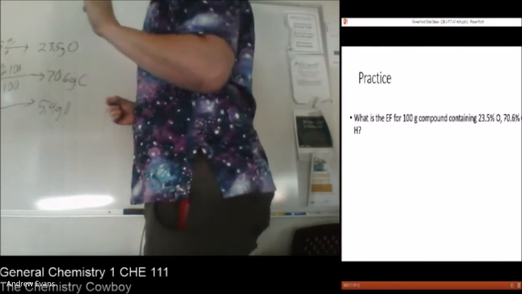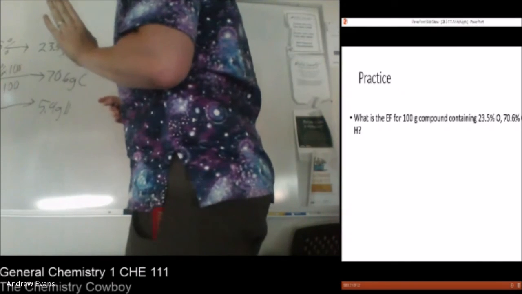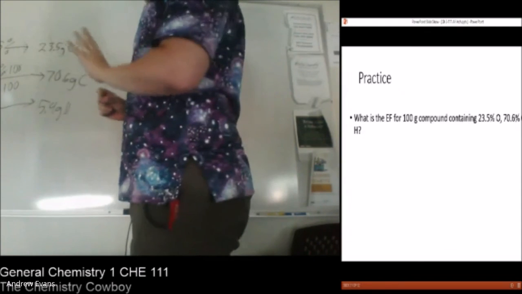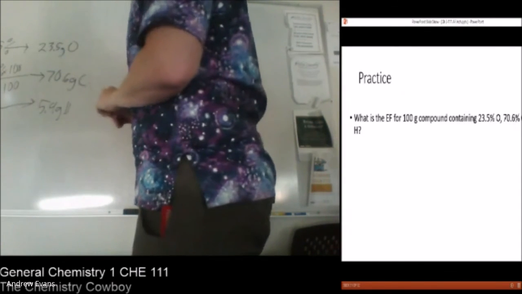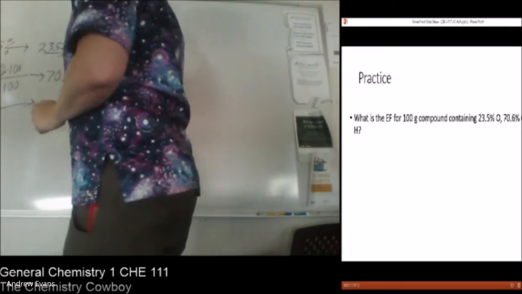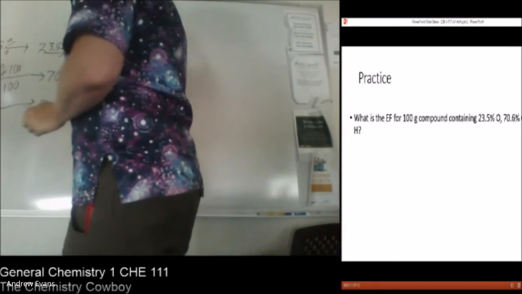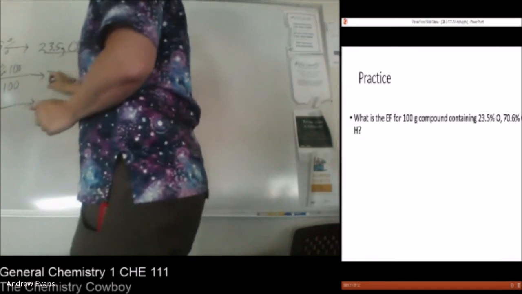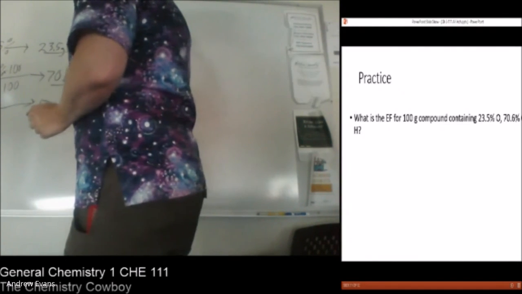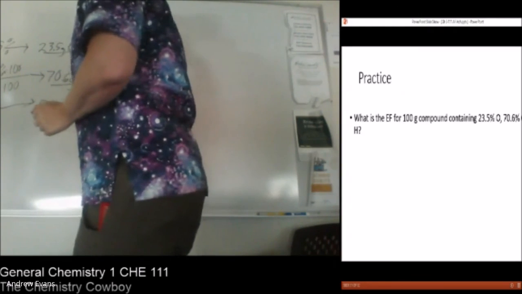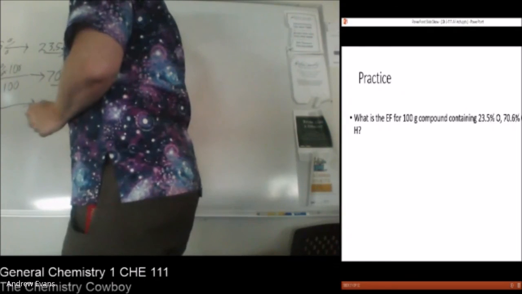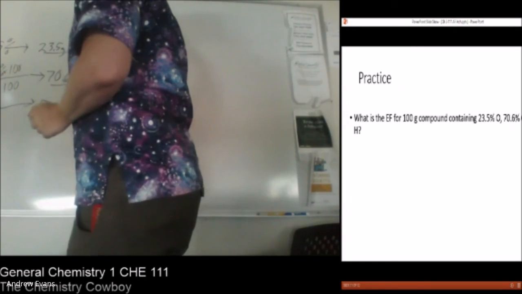The only difference this time is we have 3 elements, but you just do the same exact steps with all 3 elements. Oxygen is 16 grams per 1 mole. Carbon is 12 grams per 1 mole. Hydrogen is about 1 gram per 1 mole.